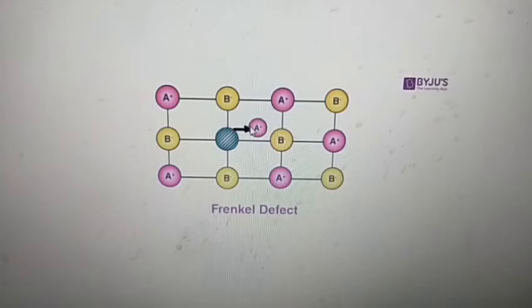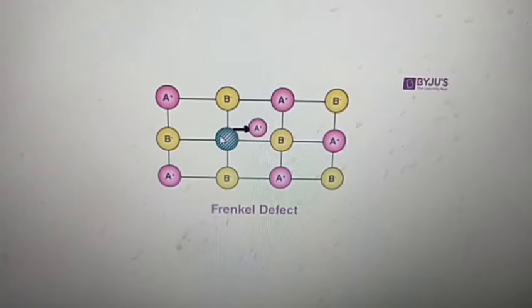When it is dislocated from its normal site to an interstitial site, it creates a vacancy defect at its original position and an interstitial defect at its new location.